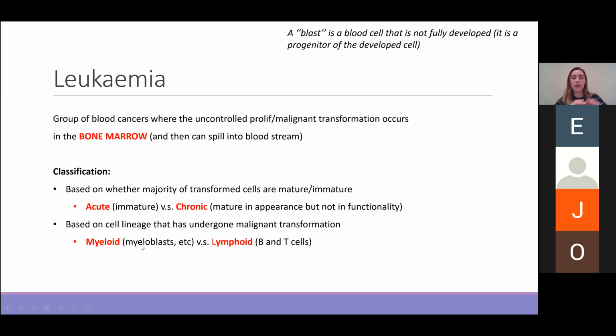Obviously, if it's your myeloblast side, it's your myeloid. If it's your lymphoid side, if it's your lymphocytes and the lymphocyte precursors, then it's a lymphoid leukemia. So hopefully the terminology there makes a little bit of sense.